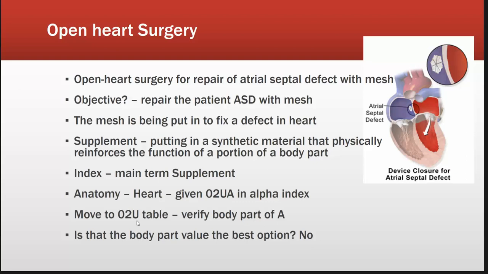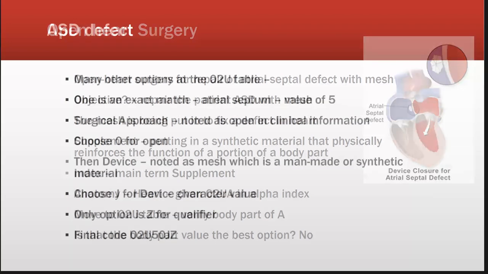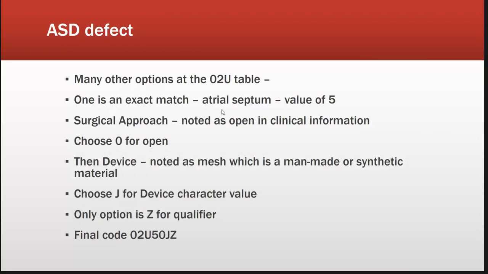You move to the 02U table. You verify and review all your body part options at that table. You find when you do that that you have a better choice. There's a specific body part value at the table for atrial septum, because remember, the alpha index in ICD-10-PCS is a tool.